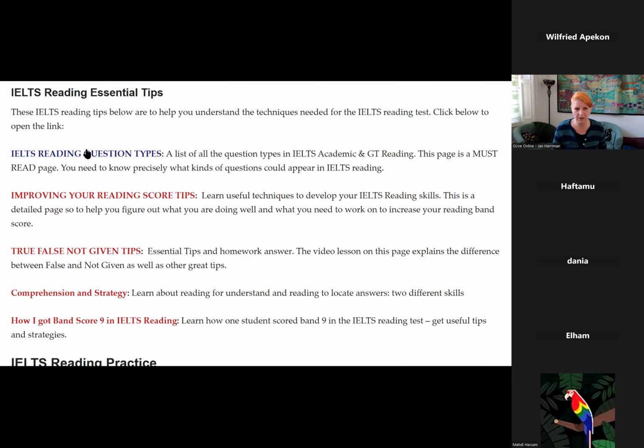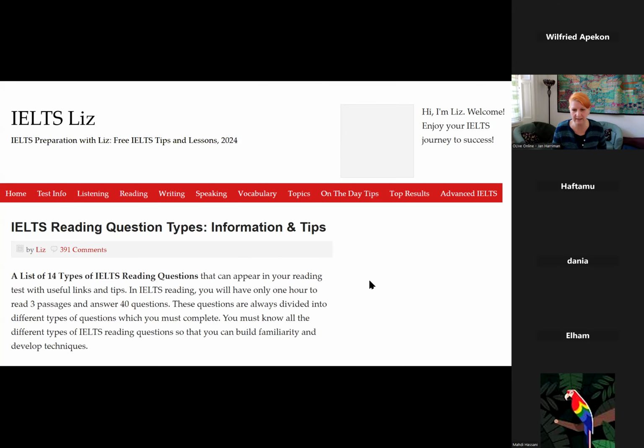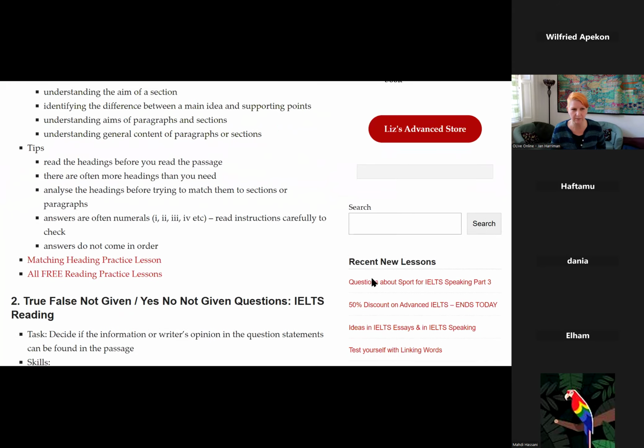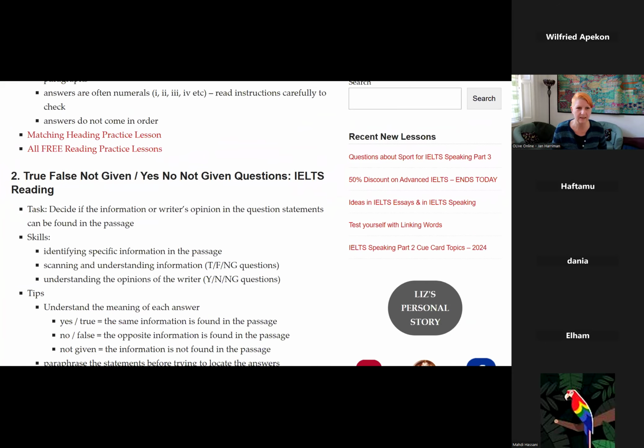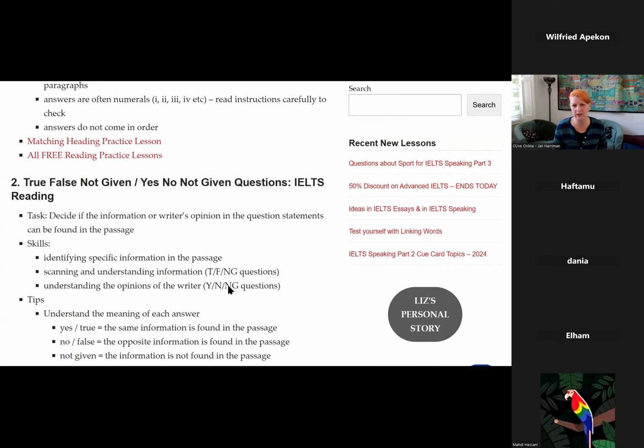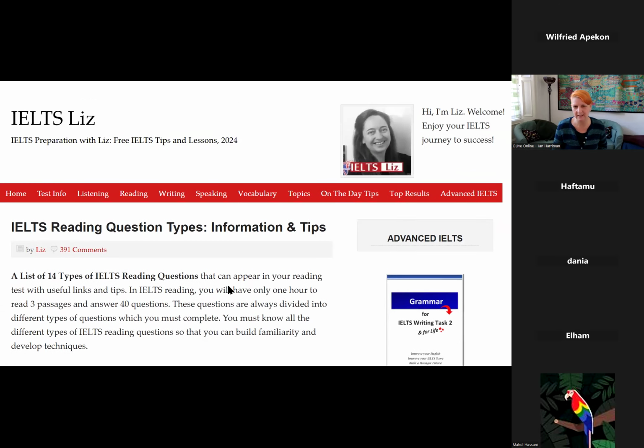You can go through the question types here, and she's got samples for each of them. So this is all the different question types, and there's a practice lesson for each of them.